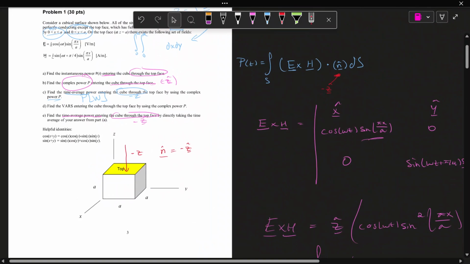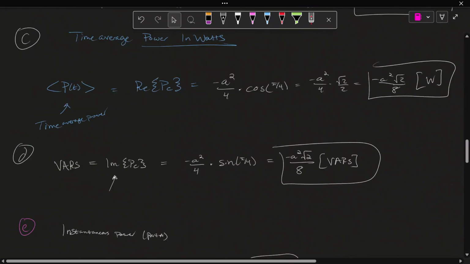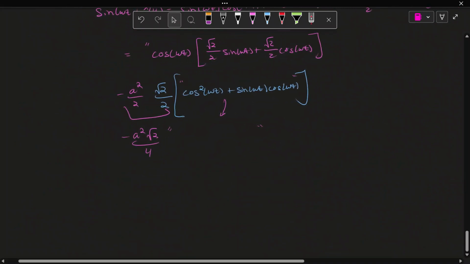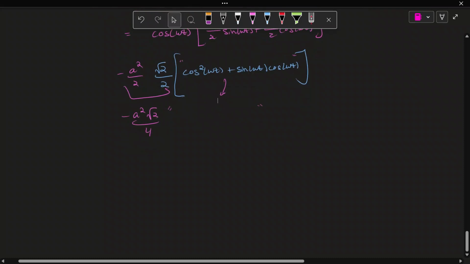Okay, sine of x plus y and cosine of x plus y. Do we have any of those in there? I think we've already gotten rid of that. Yeah, okay, so what we would do is use that other trig identity that I just said. Cosine of omega t, sine of omega t is equal to 1 over 2 sine of 2 omega t.